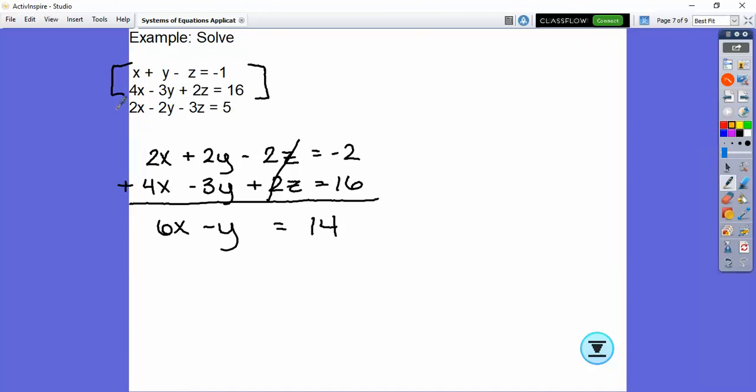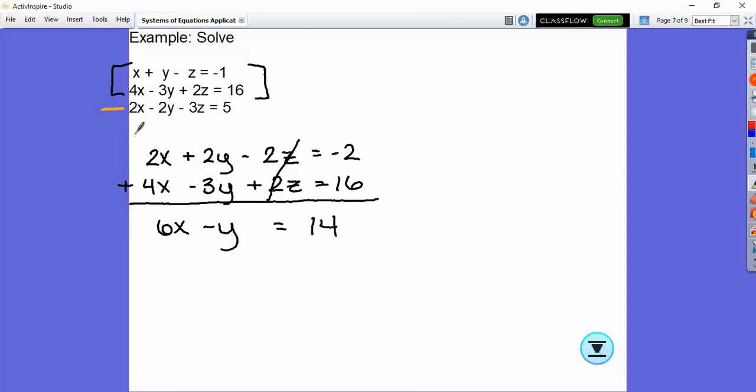Now, we're going to leave that for a second. We're going to go back to the original. I need to use the third equation because I haven't used it yet. I have to pair it with one of the first 2, and I have to eliminate the same variable. So I need to eliminate z again. If I want to eliminate z, which equation do you want to put it with? The top one? So to eliminate z this time, what will I multiply by? -3 on top.